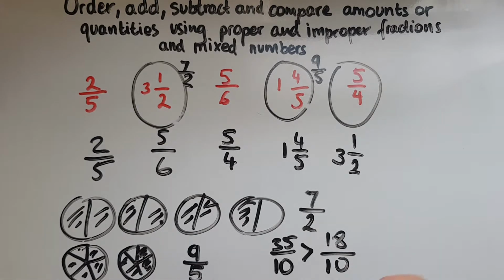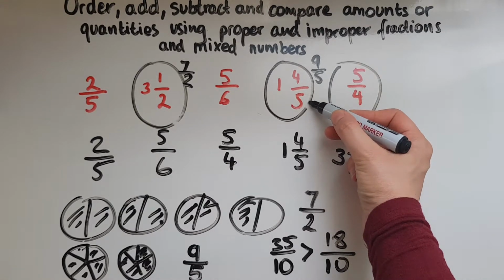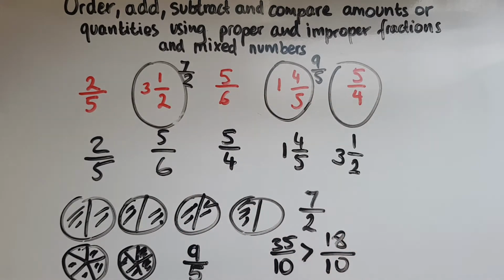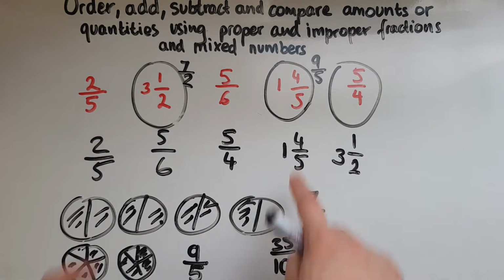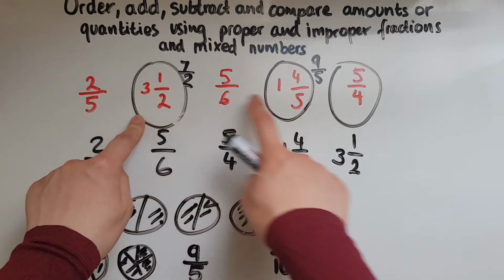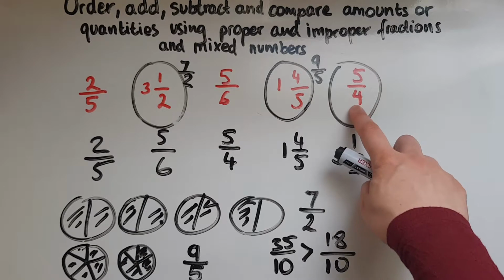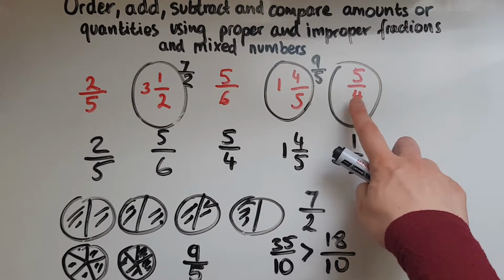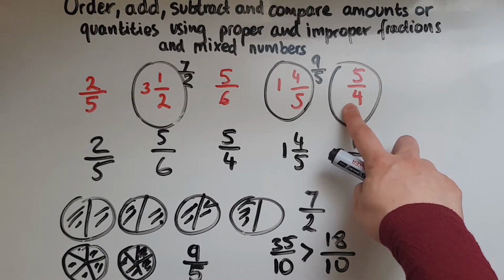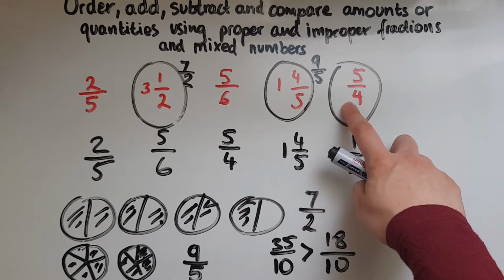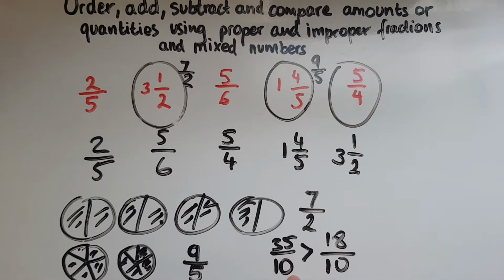Now, finding a common denominator. That means a multiple of all of these. So I used 10 between those two, multiplying 2 by 5 to get 10. But 10 won't actually work with 4 because you can't get a whole number if you divide 10 by 4. So we're going to look for another multiple.